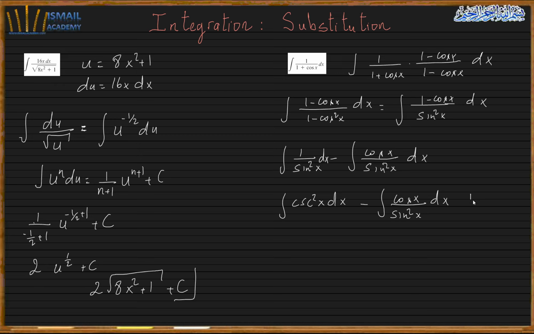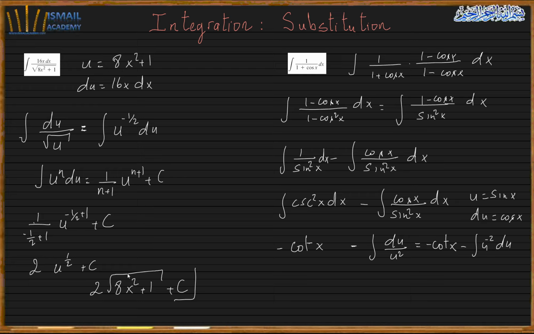So here my u will be sine x, so du will be cosine x dx. Cosecant square is the derivative of negative cotangent. So here I will have negative cotangent of x minus the integral of du over u square, which is the same thing as minus cotangent x minus the integral of u to the minus 2 du.